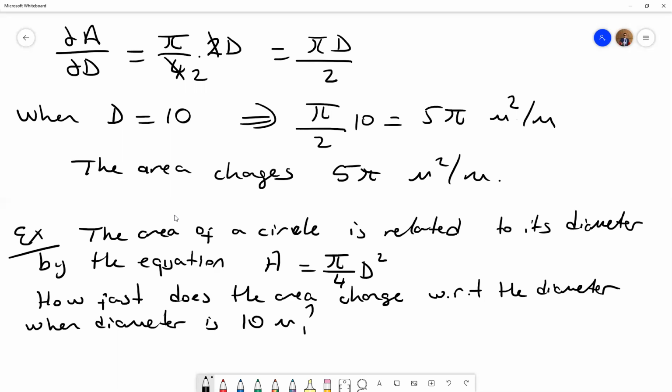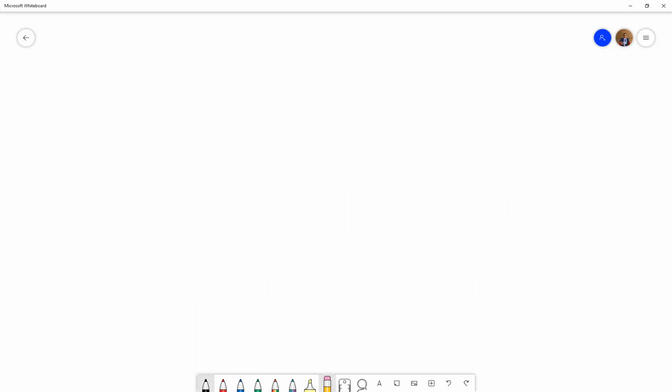Now, next one. Now we have derivatives in physics. We have some examples about physics. Let's write it. Derivative in physics.